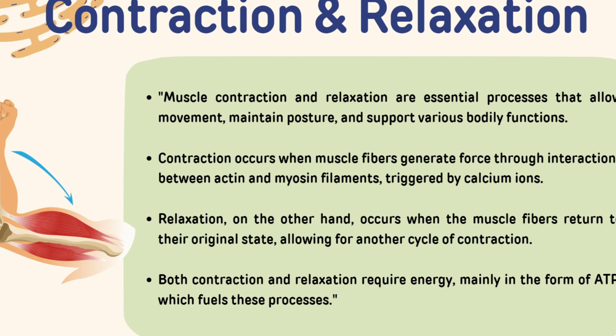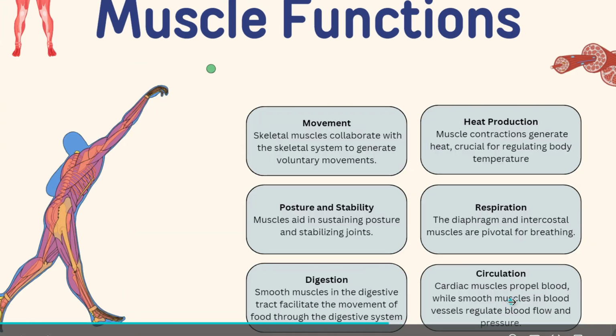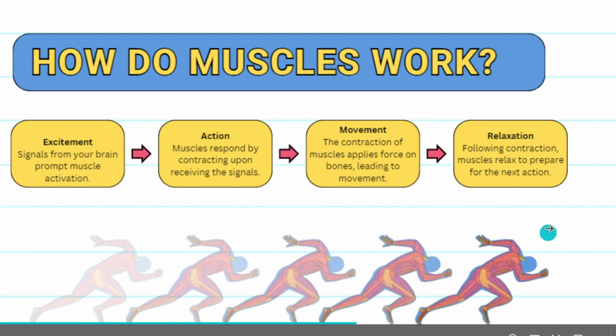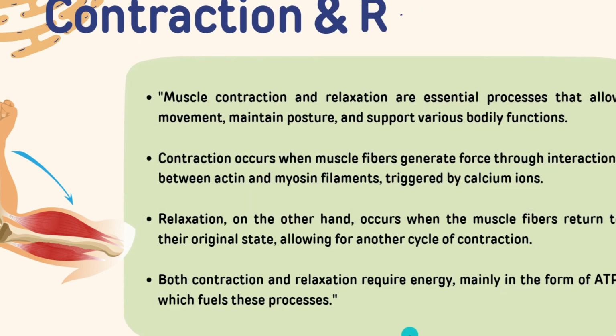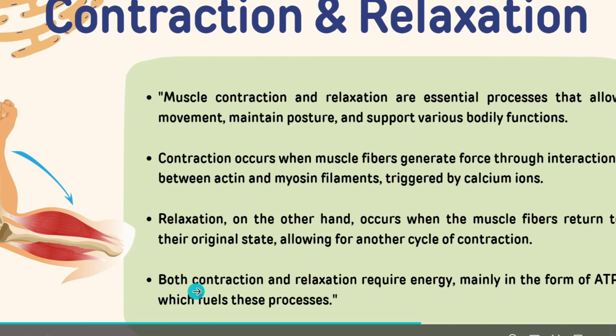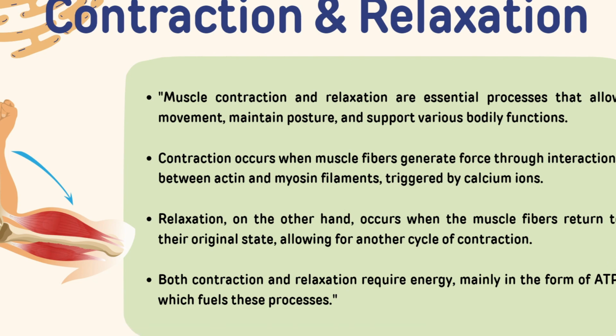We're not going to get into that in this session, but knowing won't hurt. Relaxation, on the other hand, occurs when the muscle fibers return to their original state, allowing for another cycle of contraction, like we said. Both contraction and relaxation require energy, mainly in the form of ATP, which fuels these processes.